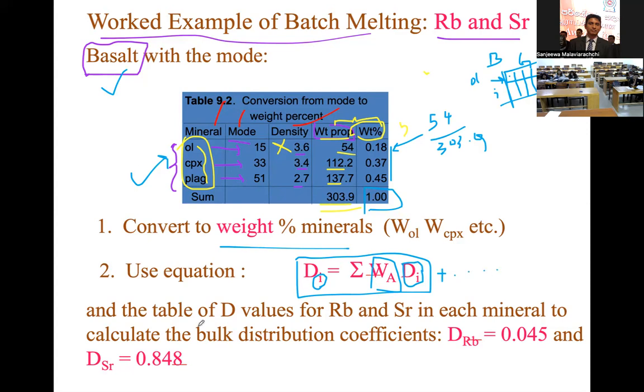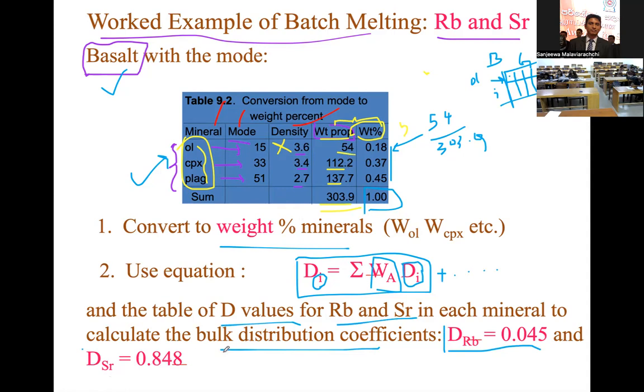Right, then using these D values, we calculate the bulk distribution coefficient, or bulk partition coefficient, and then you get such numbers here, right? For example, for rubidium 0.05 in this case, and for strontium it's 0.848, something like that.